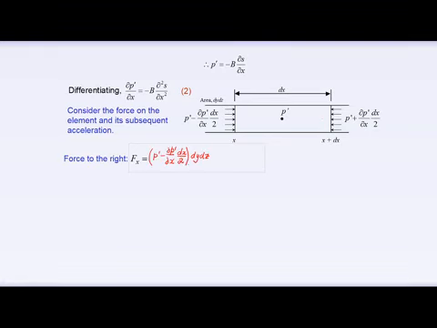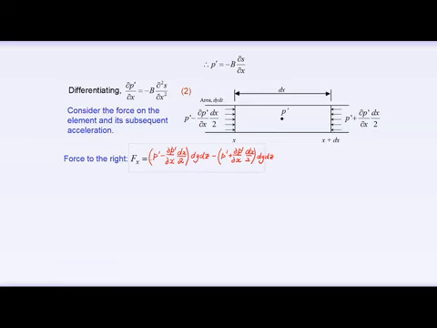Now hopefully you've started writing down something like this: on the left-hand side we've got a positive force acting in the x direction, and the magnitude is the pressure times the area that it's acting over, which is dy dz. Similarly on the right-hand side we have a force acting in the negative x direction, and its magnitude is P prime plus dP prime/dx times dx over 2, acting on area again, dy dz.